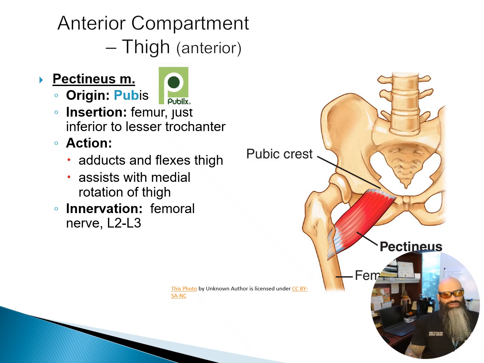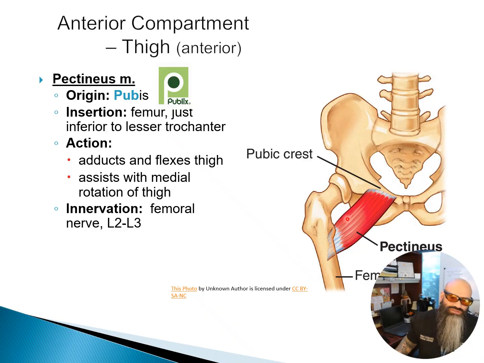So the pectineus, if you'd like help remembering the origin, is the pub. Publix supermarkets, go shopping at its pleasure. The pectineus muscle originates from the pubis and inserts right at the femur, just distal to the lesser trochanter.